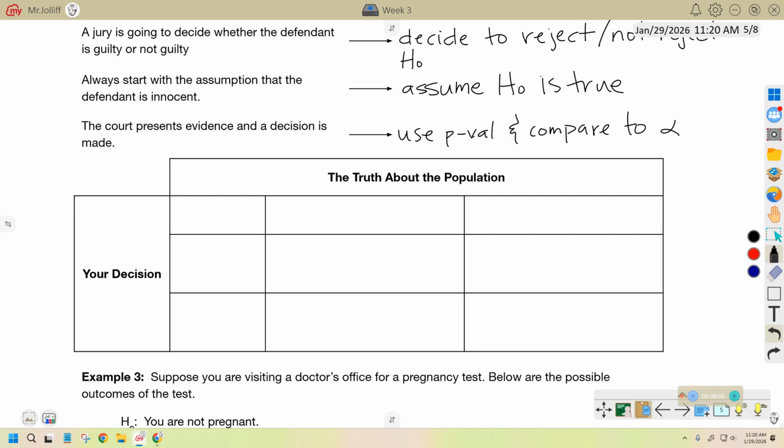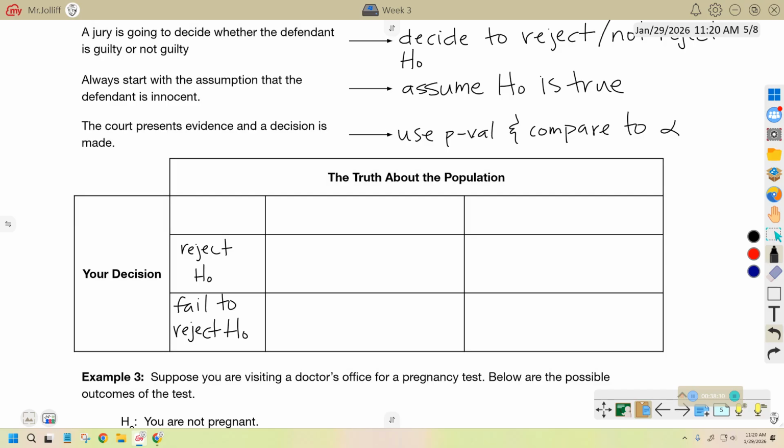So in a significance test, I can reject the null, or I can fail to reject the null. Those are the decisions I can make.